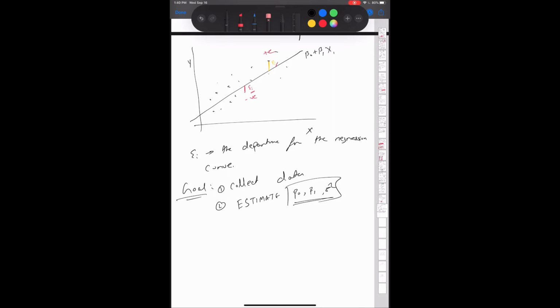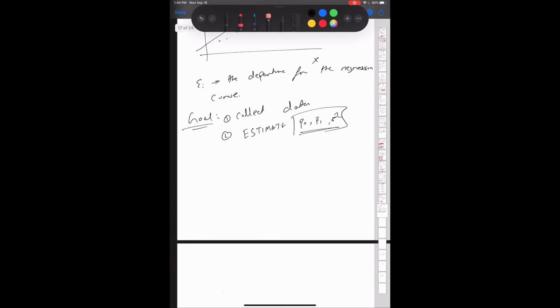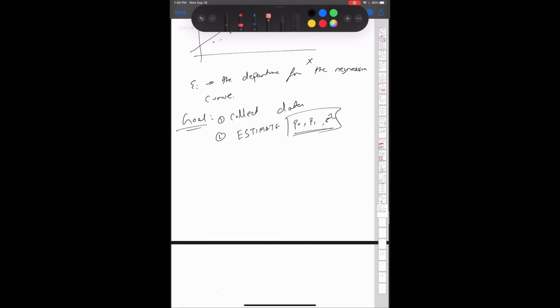What I want to talk about is the interpretations of beta 0, beta 1, sigma square. Before we learn how to estimate them from the data, we need to understand what beta 0, beta 1, and sigma square represent. So let's do it through an example.